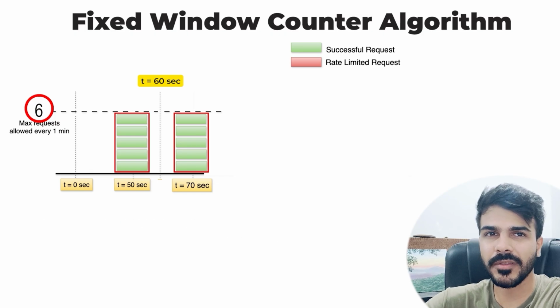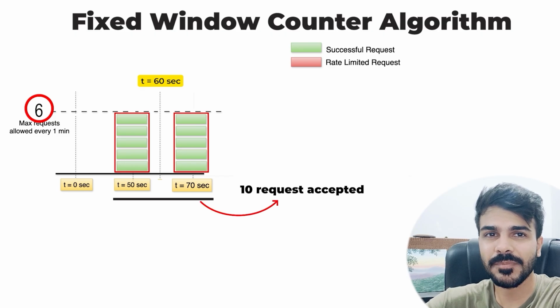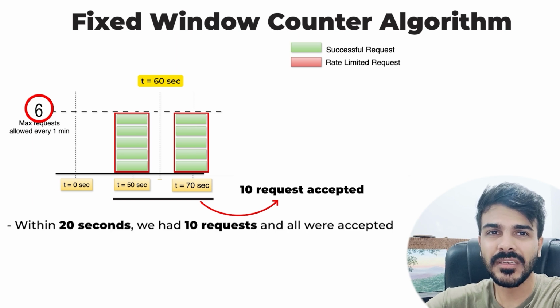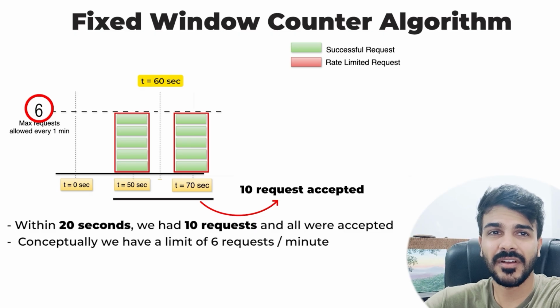But if you think about it, from a period of 50 seconds till 70 seconds, 10 requests were accepted by our rate limiter. So basically, within 20 seconds, we had 10 requests that came and all of them were accepted and not rate limited. Now, we also know that conceptually, we have a limit of 6 requests per minute. Do you see the issue here?